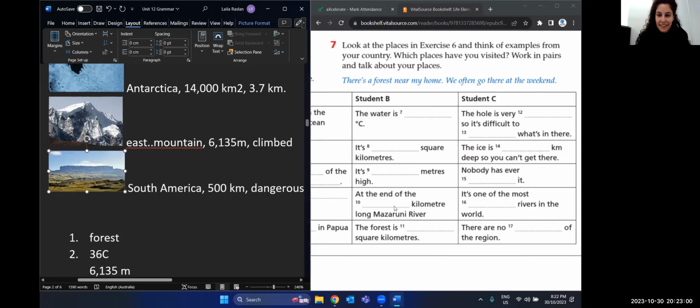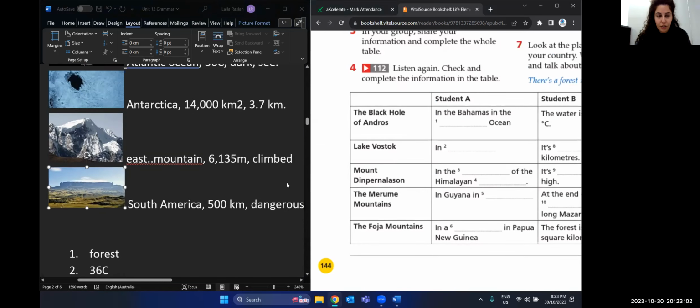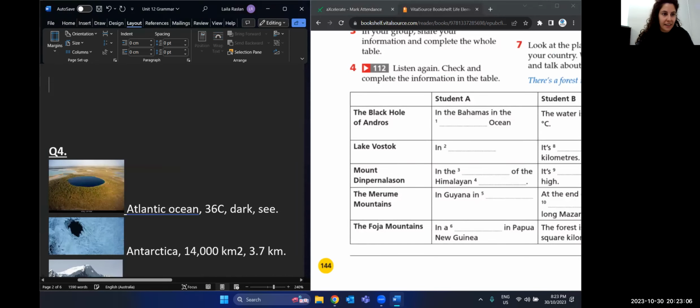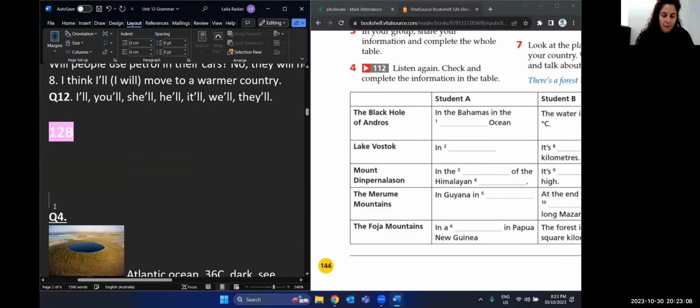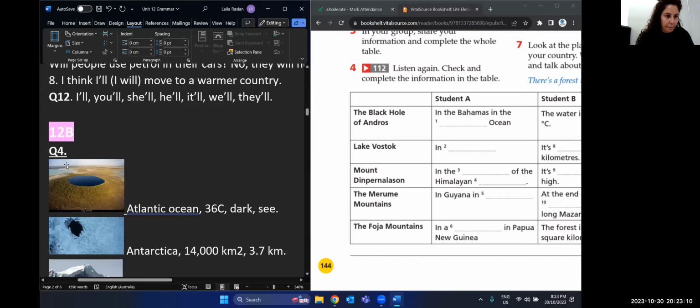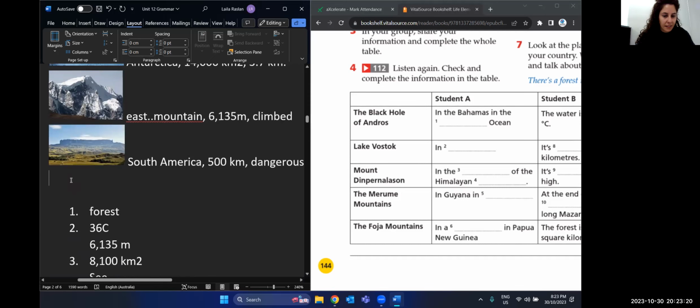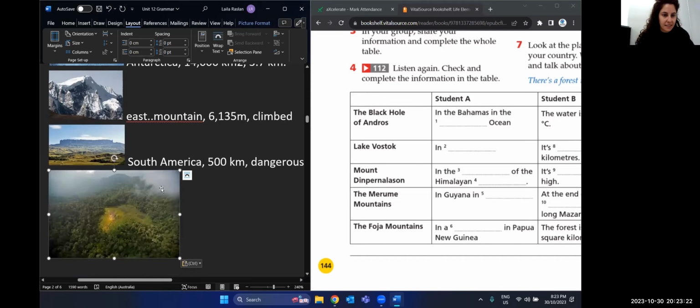And the last place, we had the Foja Mountains. That's this place here. Okay, so that's this place.